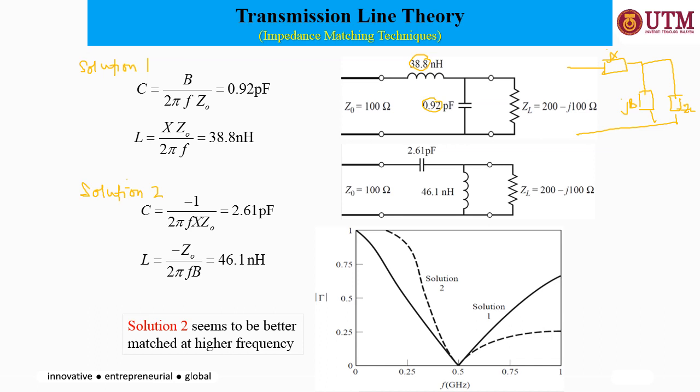It doesn't matter whether it's a capacitor or inductor, it's just calculation. There are rules that you need to follow in order to get the system matched. If you are plotting the reflection coefficient, solution 2 seems to be a better match at higher frequency. We can look at this when we perform the simulation using simulation software.